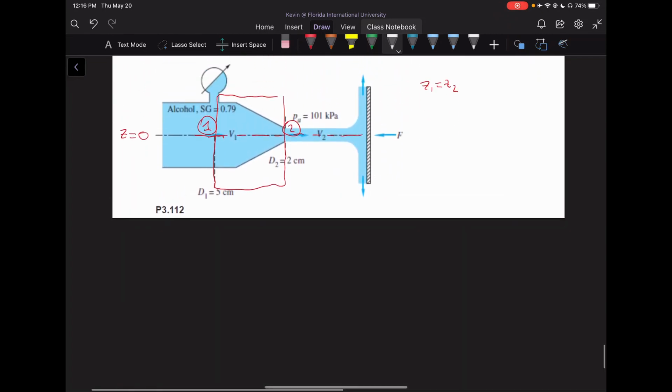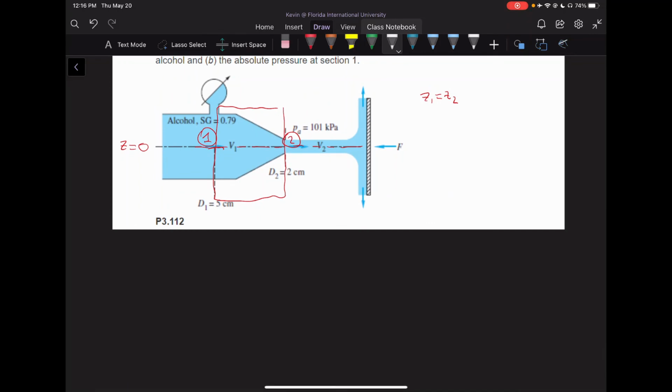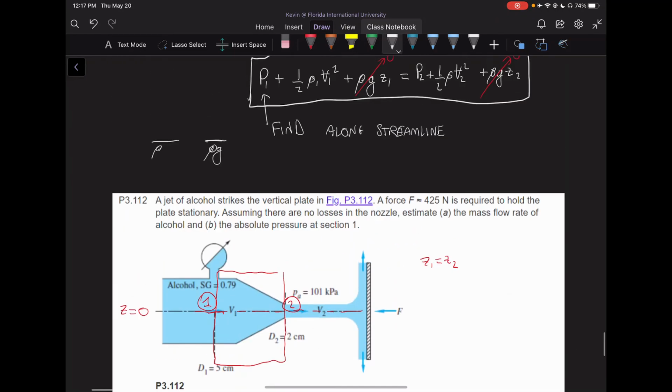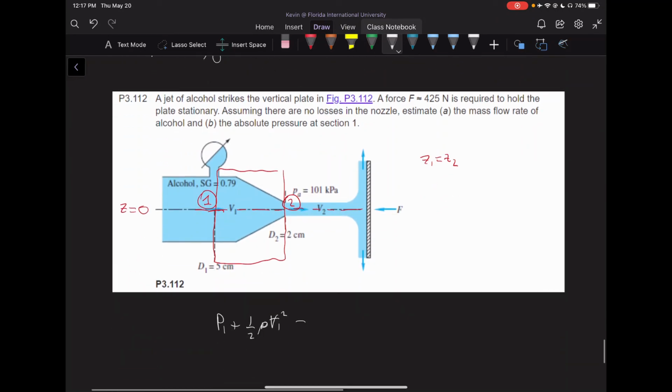Now we're left with a simpler equation: P1 plus 1/2 rho V1 squared is equal to P2 plus 1/2 rho V2 squared. So we have the static pressure in that system plus the pressure created by the velocity in the system.